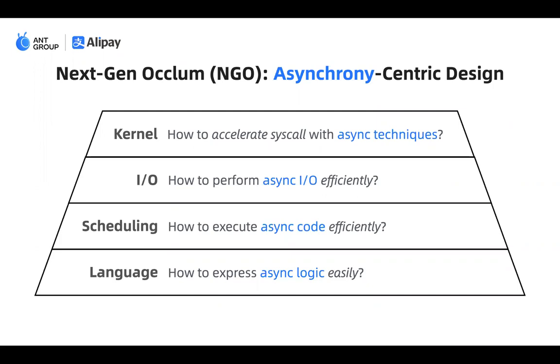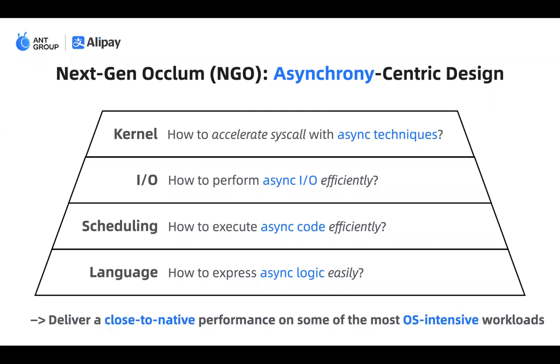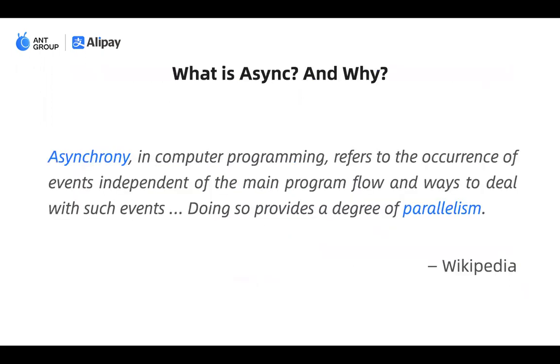So there are some new async techniques that we have used to accelerate the LibreOS. I will dive into each one of the 4 levels. The end result is we can deliver close to native performance on some of the most OS intensive workloads with this async-centric design.